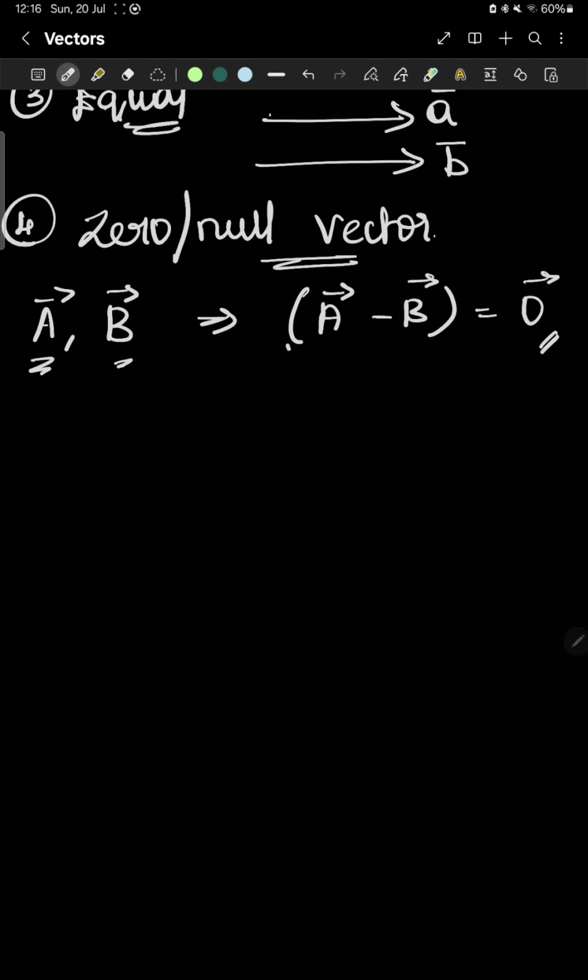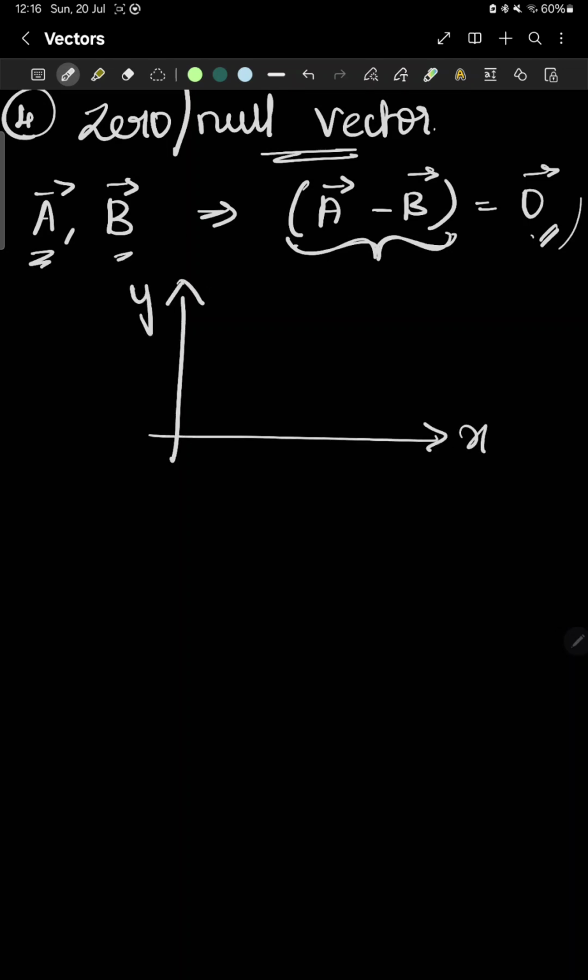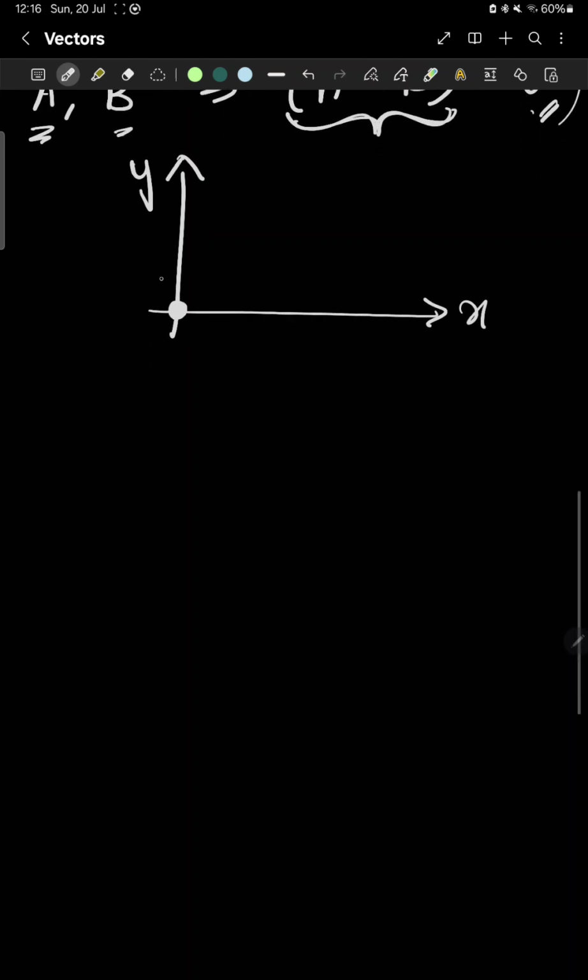This type of result is known as the zero or null vector. If I consider the x and y axes, the position of this zero vector will be at the origin, because where it starts, there itself it ends. So we say its position vector is the origin.